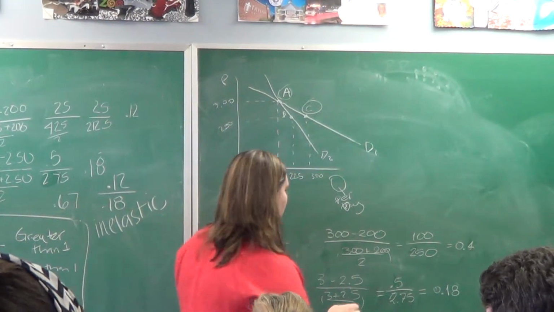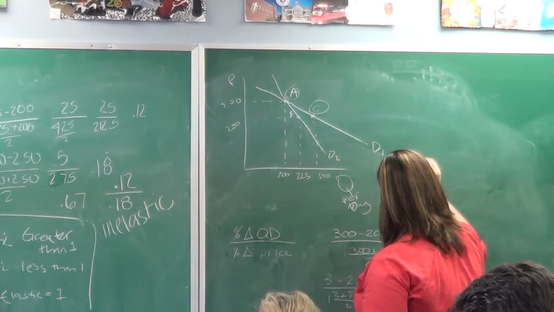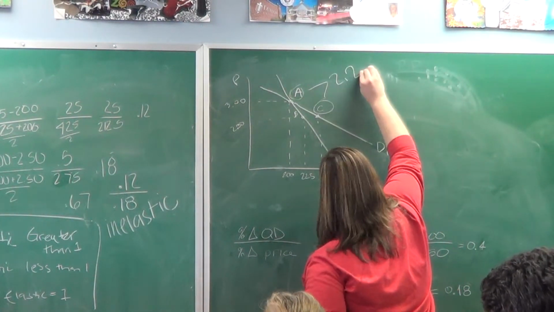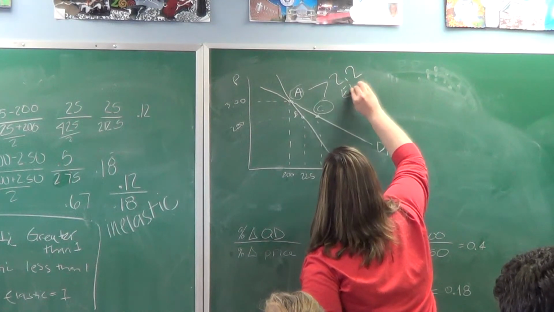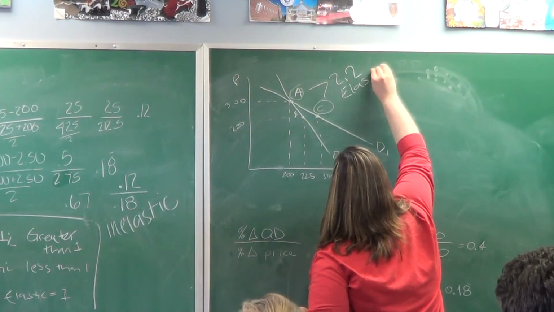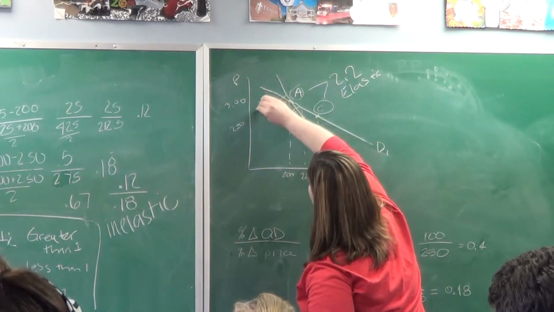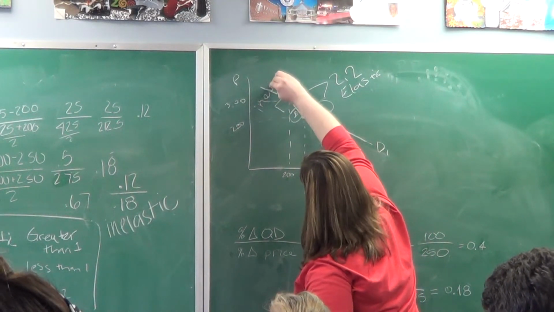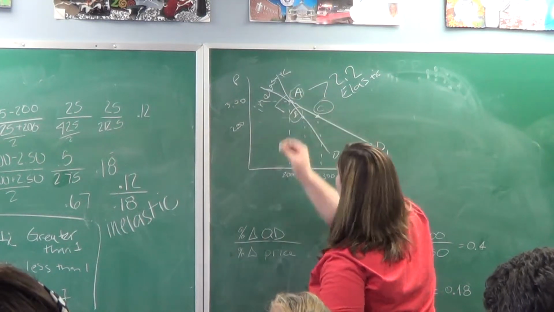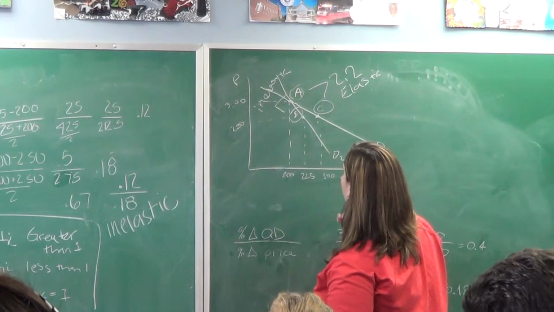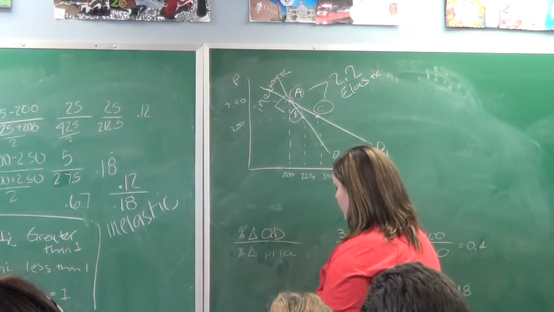And then that one we thought was elastic because it was 2.2. And then we did A and B, and it's inelastic. So, the D1 curve is elastic, whereas D2 is inelastic.